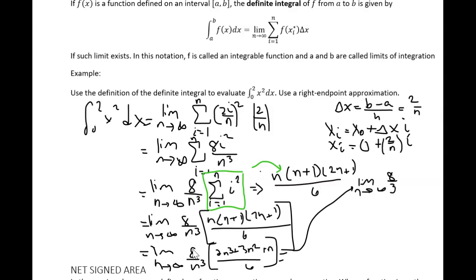Then we're going to distribute the 8 over n cubed to the 3n squared over 6. The 3 and the 6 will simplify, so this is really n squared over 2. When you distribute it, you're left with 8n squared over 2n cubed, which fully simplifies to be 4 over n.